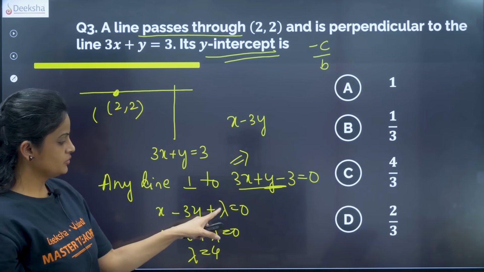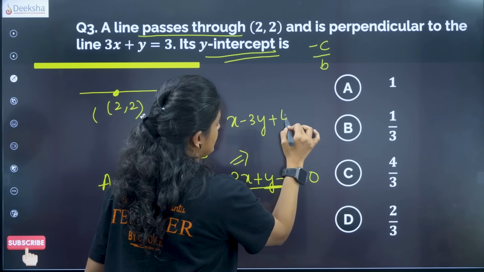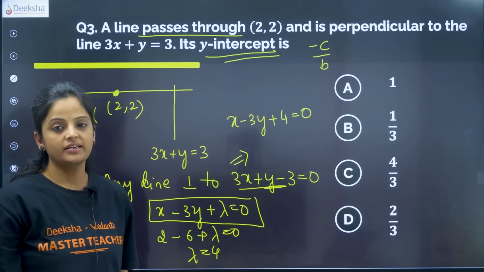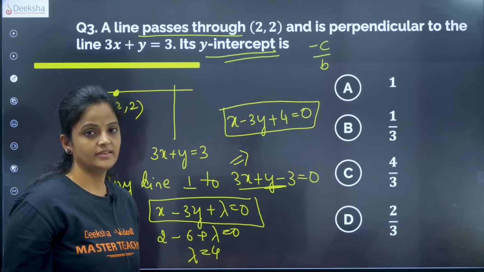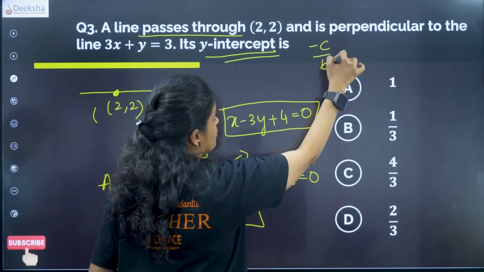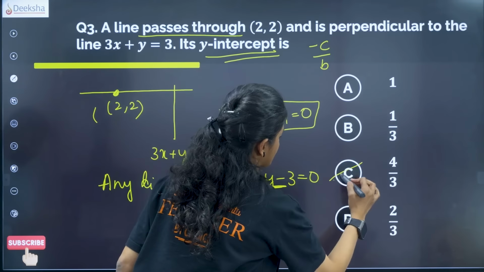Put the lambda value in the equation. So x minus 3y plus 4 is equal to 0. Once you get this, take the formula minus c by b, and 4 by 3 is the answer.